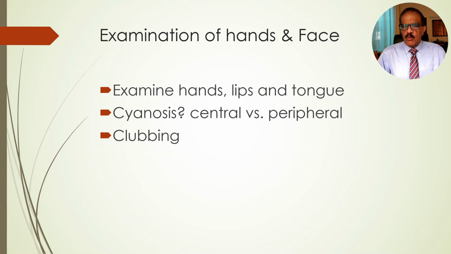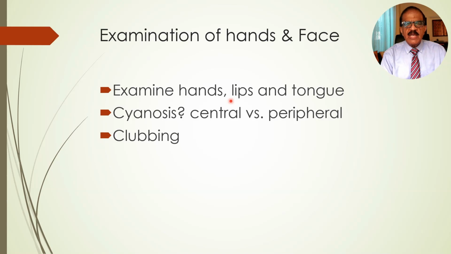Now, in hands, you may look for two important things. One is cyanosis, the other is clubbing. Of course, any other thing which is abnormal, you have to make a note of it, but specifically look for cyanosis and clubbing.